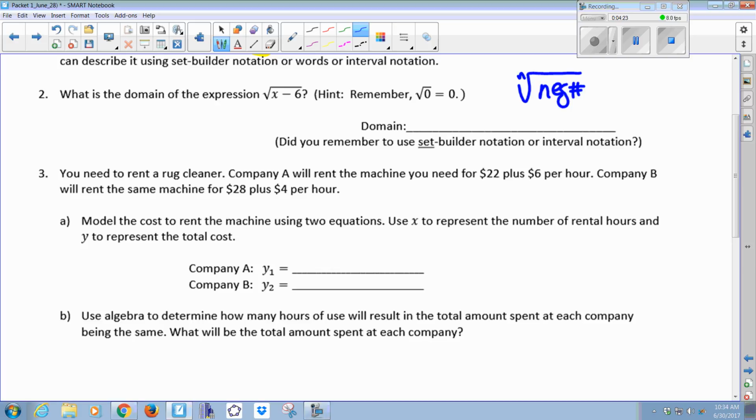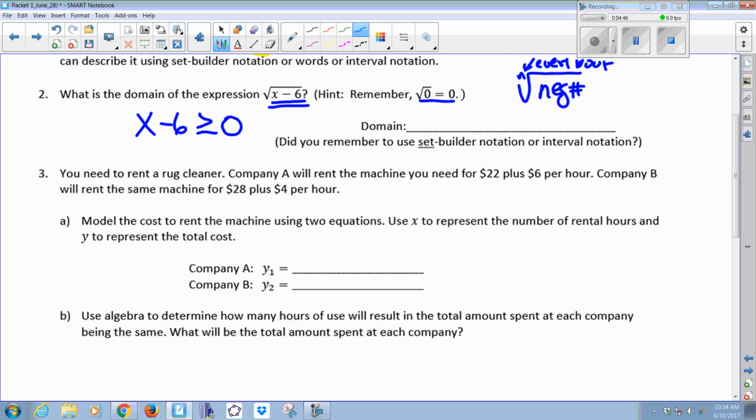So any even root, square root, fourth root, sixth root, we cannot have a negative number there. So we have to say, okay, when is this expression equal to 0 or greater than 0?